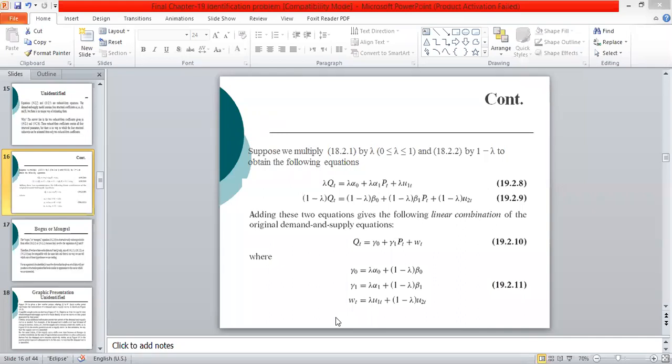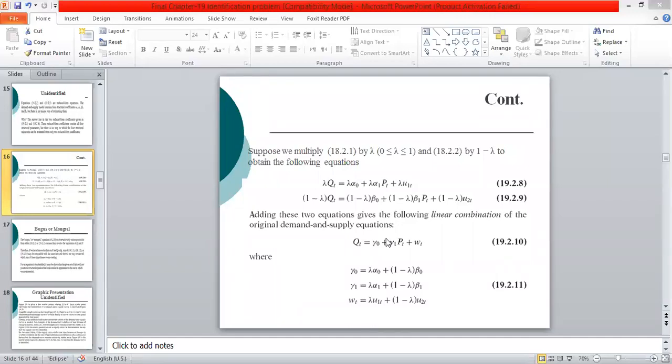Now we want to look whether the supply equation is identified or not. For this purpose, again we compare the supply equation with the bogus equation, and we can see that the supply equation is indistinguishable from the bogus equation, because both these equations are consistent with the same data set on the quantity and prices.